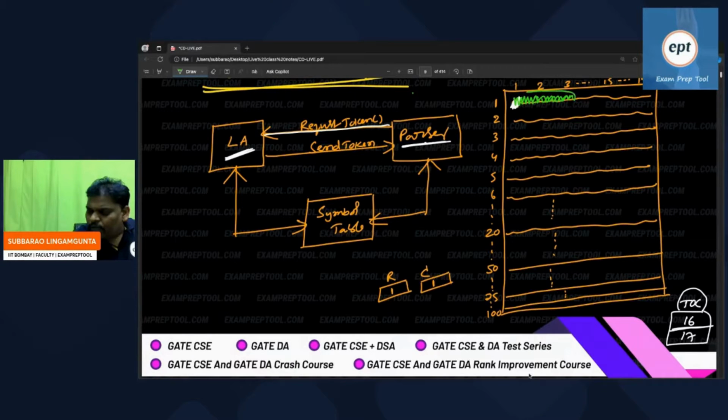After reading one character, he knows because he knows the rules and regulations. After completion of almost 3 characters, column number 1, column number 2, column number 3, he went to the 4th also, but the 4th one is not required. He got to know that this itself is a token.